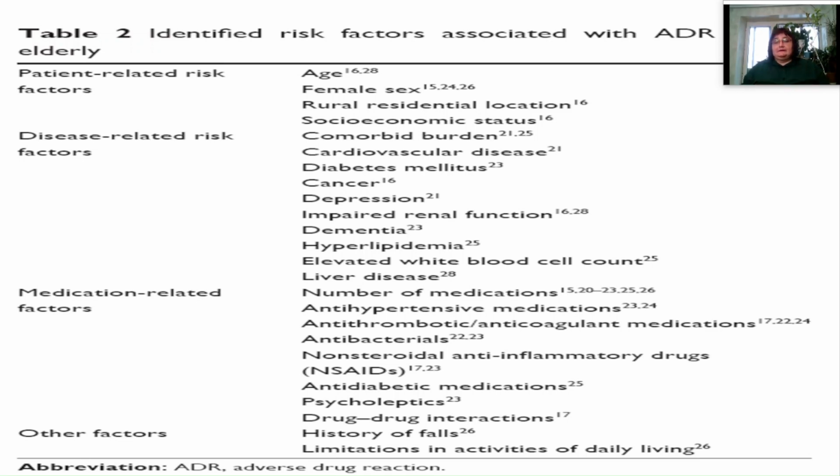It's dementia, hyperlipidemia, and elevated white blood cell count, which in the majority of cases shows inflammation in the patient, because, for example, neutrophilia shows that the patient has some inflammation from some organs.